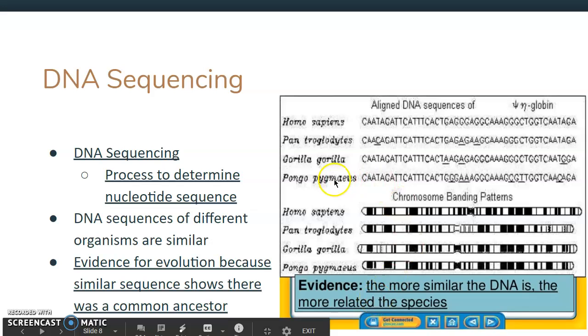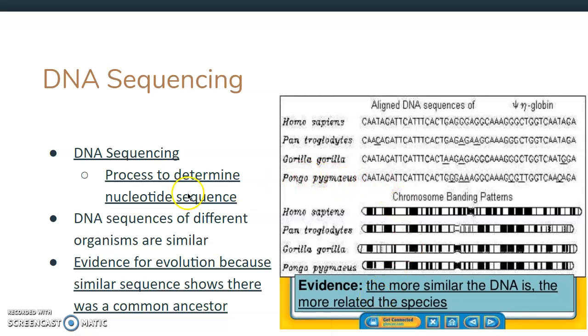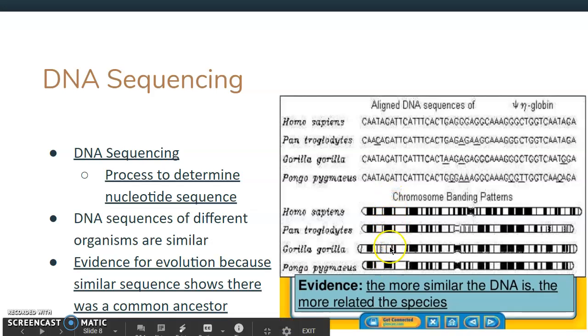the species. This is very important and a relatively new thing as our technology for sequencing and finding out DNA sequences improves. We've been able to do much more research into this, but the idea is each one of these letters is a nucleotide. If we can take the DNA of a Homo sapien, which is a human, compared to these different kinds of monkeys, we can notice that these black pieces are matching lines throughout.